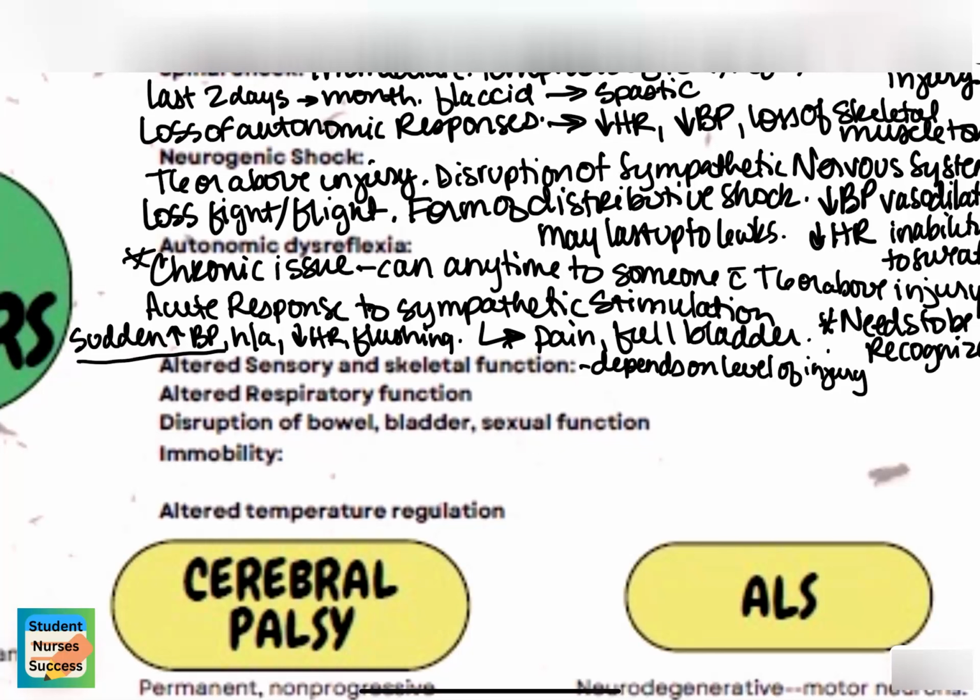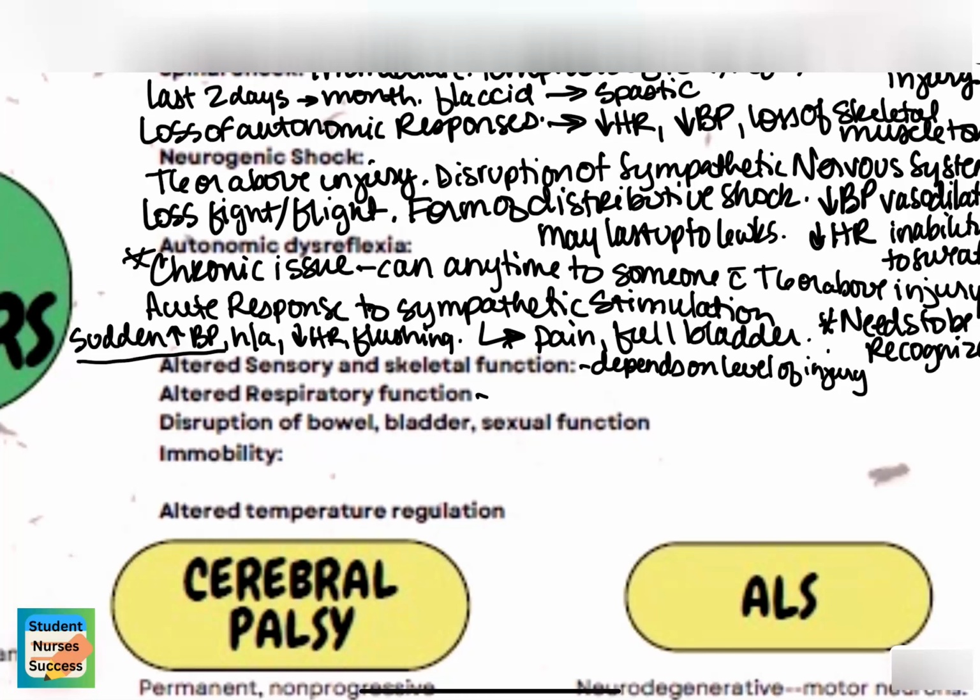Some who have a cervical injury may not even have movement or feeling in their arms and legs, or may not even be able to manage their own respirations. So it really just depends. The motor and the sensory below the level of the injury are lost.